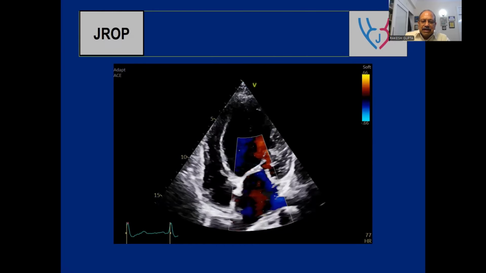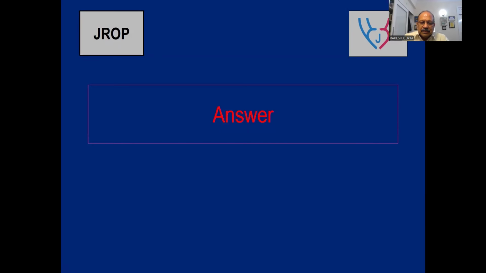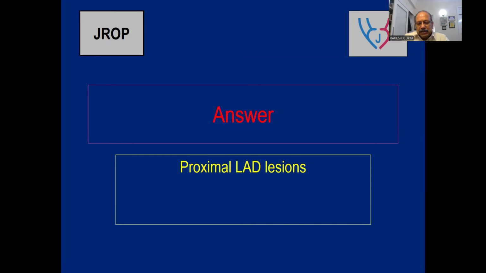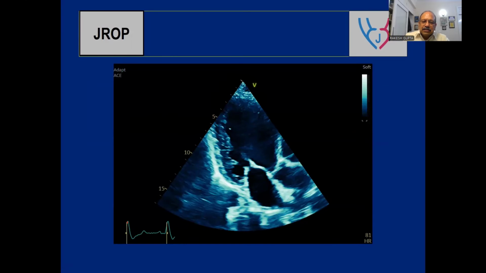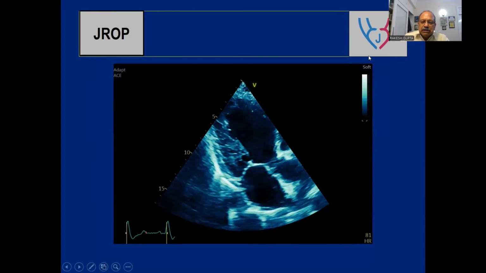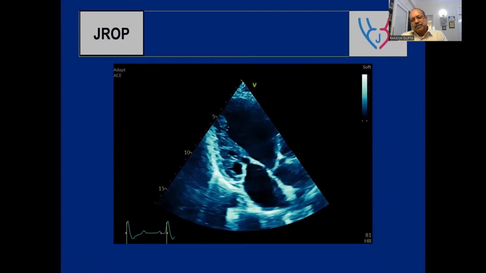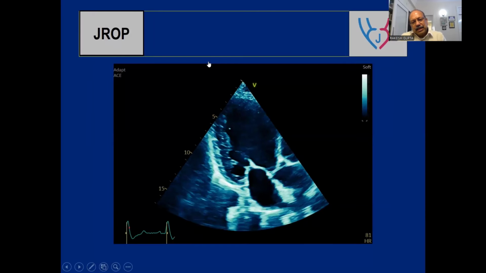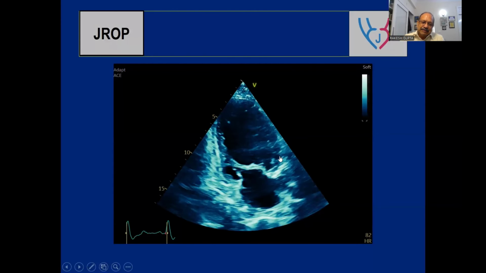And this is the amount of mitral regurgitation. Type 3 diastolic dysfunction. So the patient has got proximal LAD lesion because of the fact that this basal anterior septum is not contracting. Remember, when we talked just a few minutes back, if the basal anterior septum is not contracting, then we are possibly dealing with proximal LAD lesion.